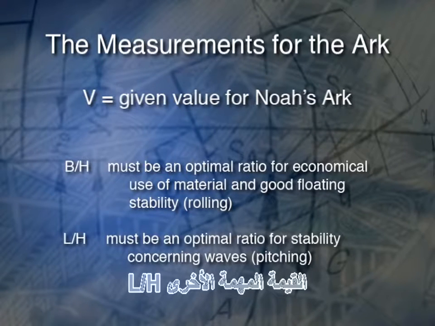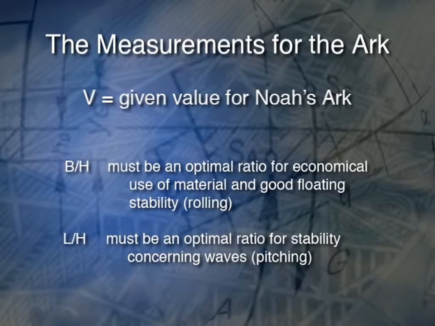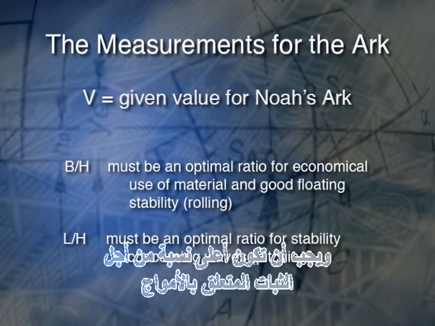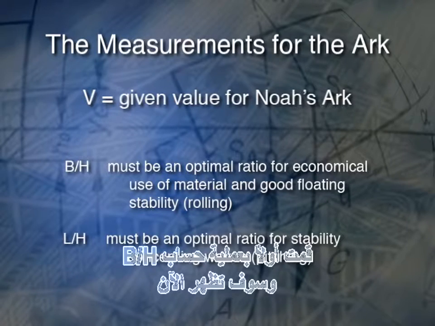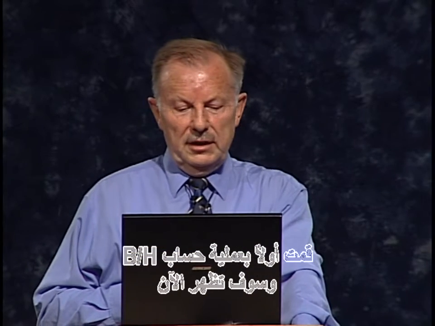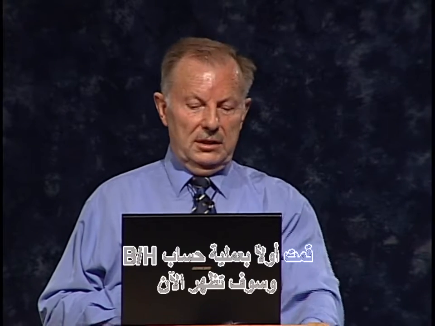Another important ratio, L over H, must be optimal for stability concerning waves, meaning the pitching motion. Number 1, I have done the B over H calculation and will demonstrate it now.